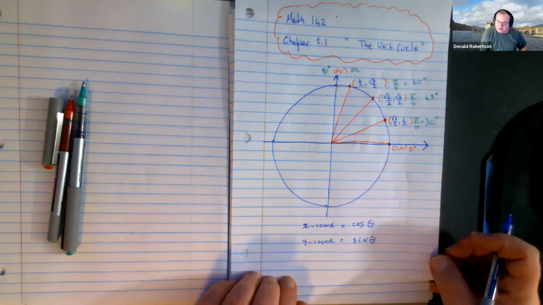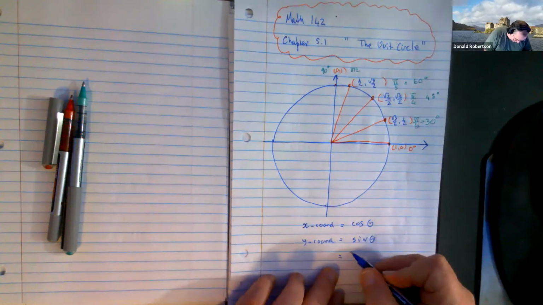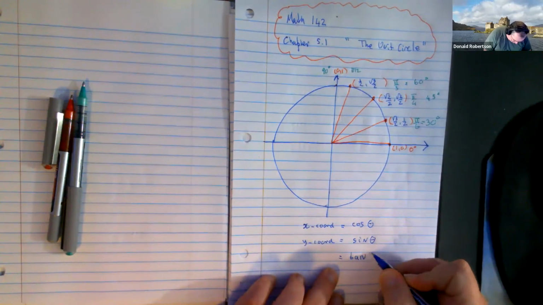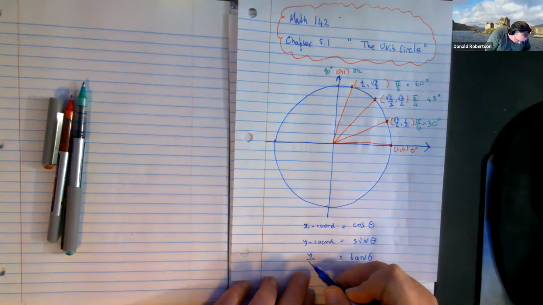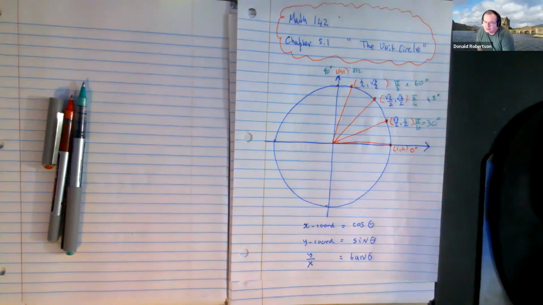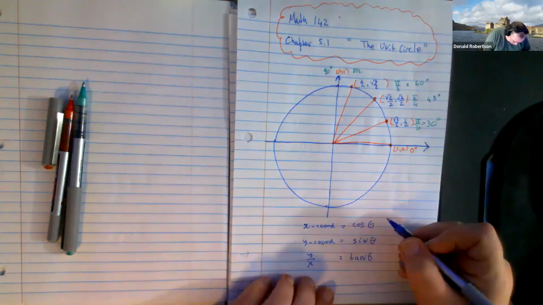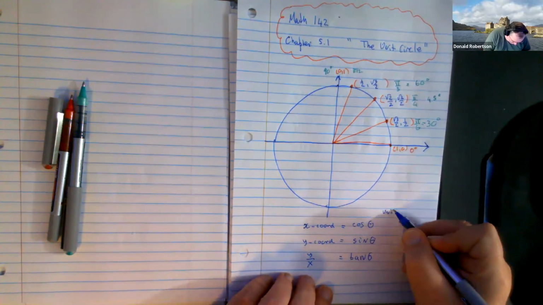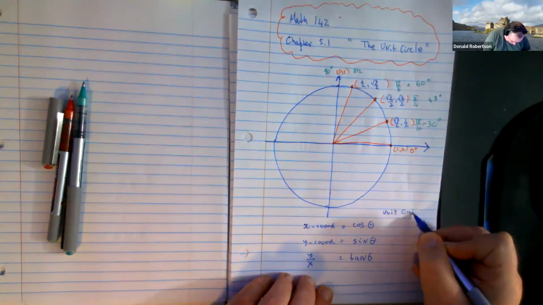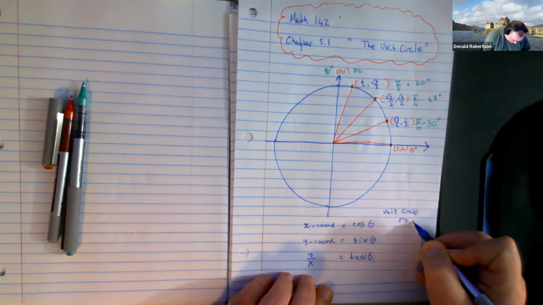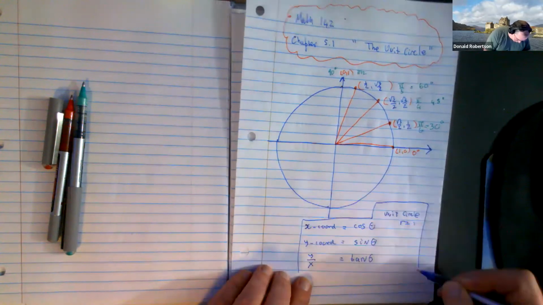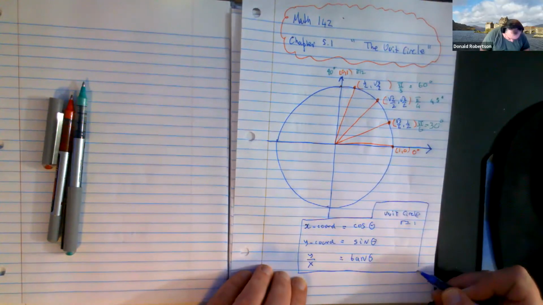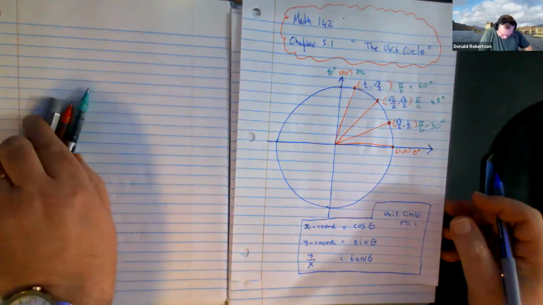And if you wanted to find the tangent of any angle in the unit circle, wouldn't you take the y coordinate and divide it by the x coordinate? And this is true only in a unit circle. That means a circle whose radius is 1. So what I've just done here is called a unit circle. That means its radius is 1. And this property is true.